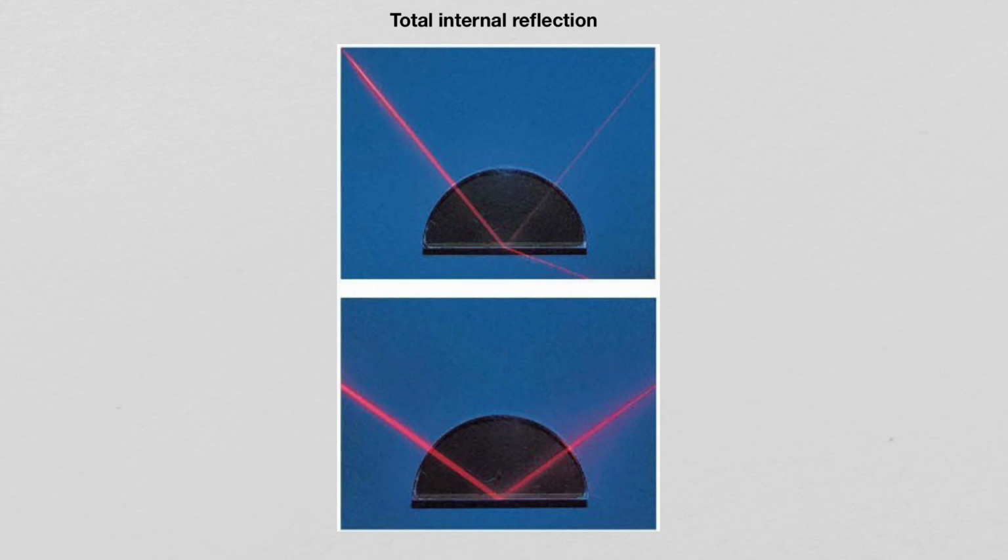It will reflect from the boundary between the two surfaces, like shown here. So for this to be achieved, the angle of incidence must have a certain critical value, past which we are going to observe this reflection from the boundary between the two media. So this is known as the critical angle, and this effect is known as total internal reflection.